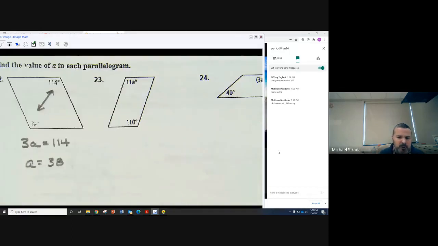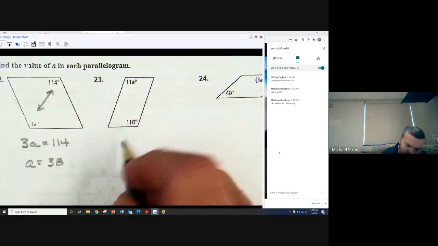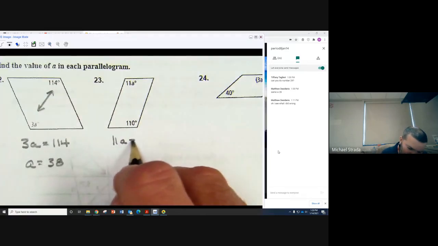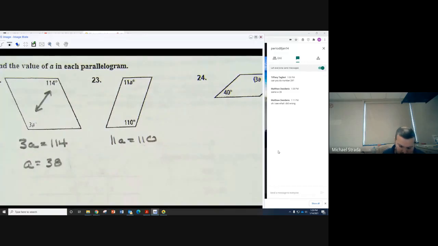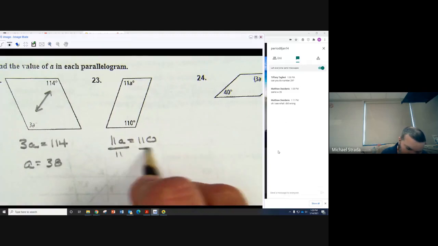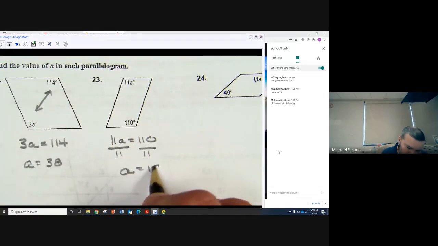Same thing with number 23. They're opposite each other. So 11A equals 110. Divide both sides by 11 and A equals 10.